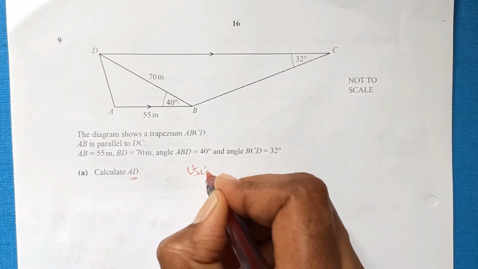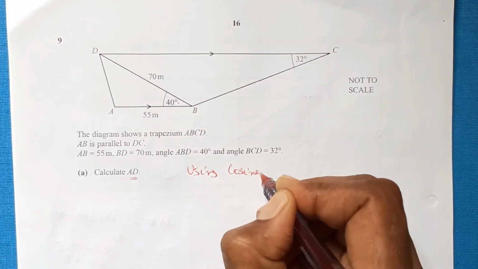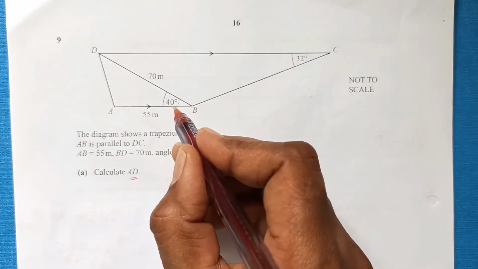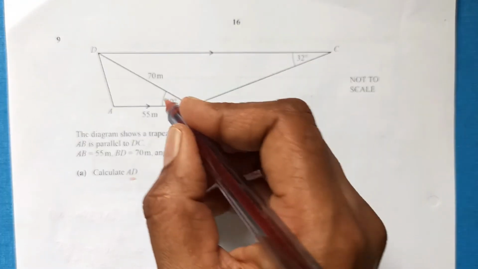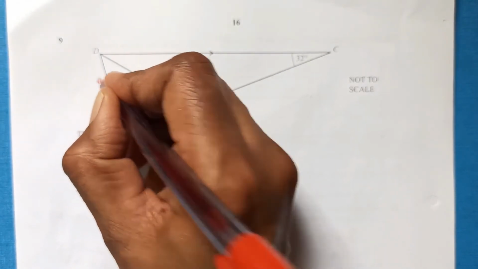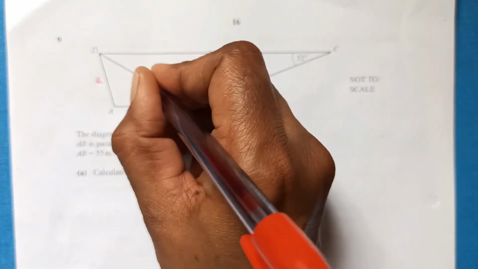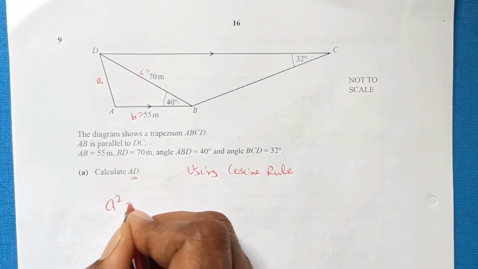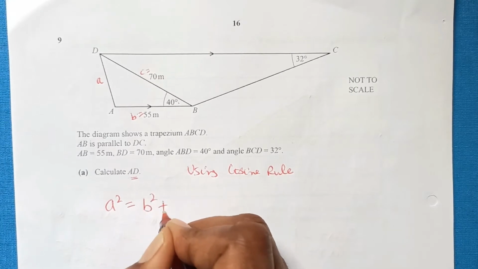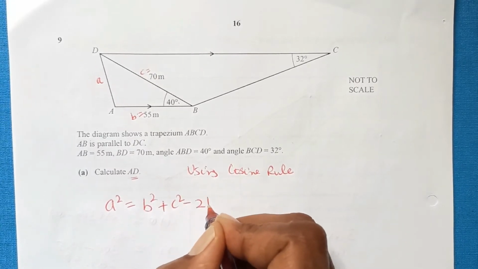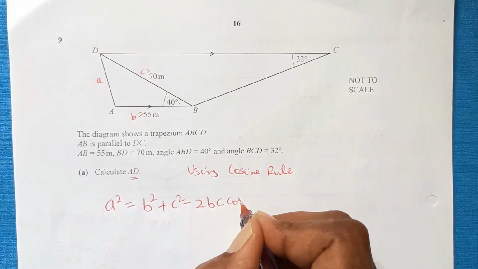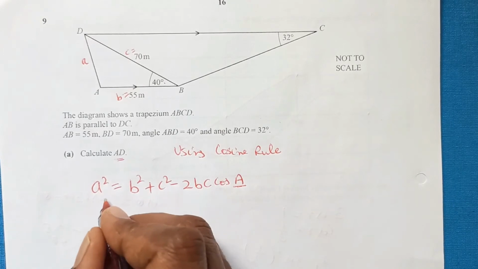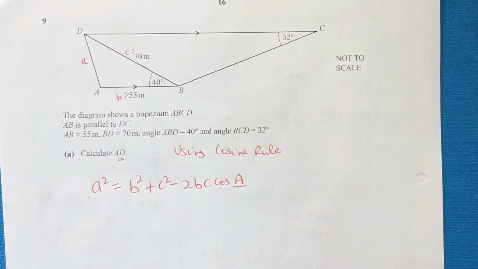So using cosine rule, AD, so this is angle, we can consider it as angle A. If this is angle A, the opposite side is A, this is, let's say, B, and this is C. So by formula of cosine rule, we have A squared equals B squared plus C squared minus 2BC cos A. Cos A is 40 degrees here, angle A. So A is AD actually.